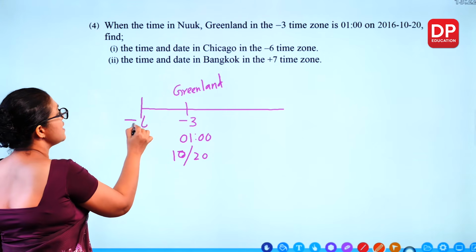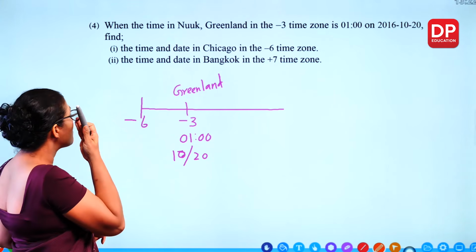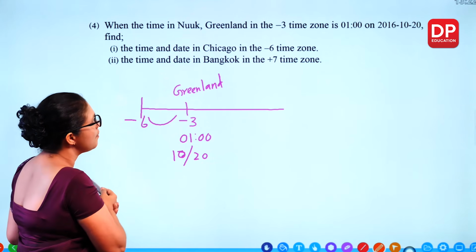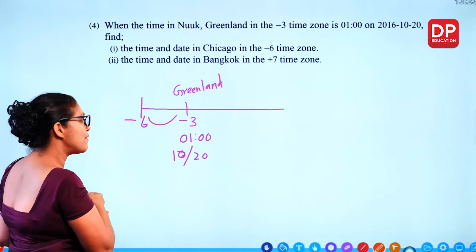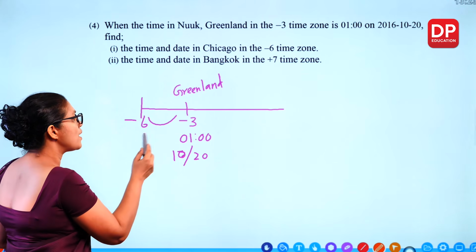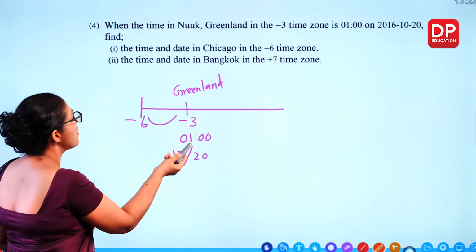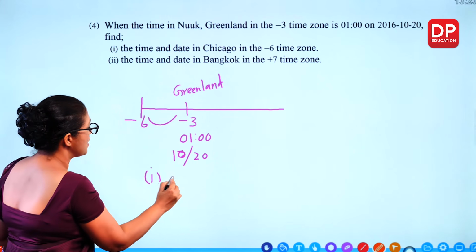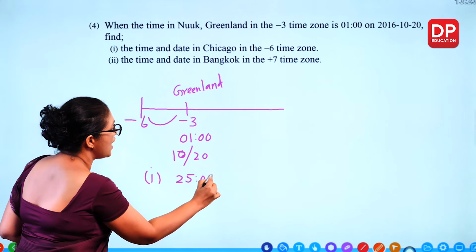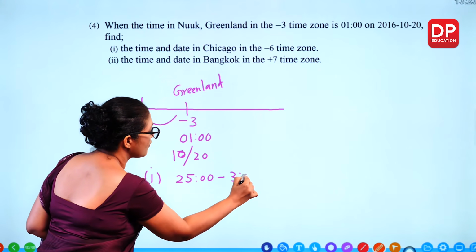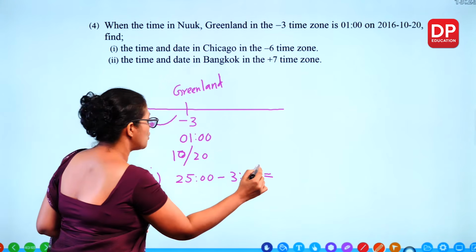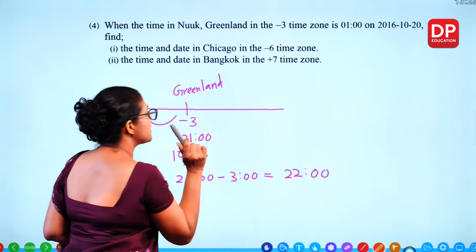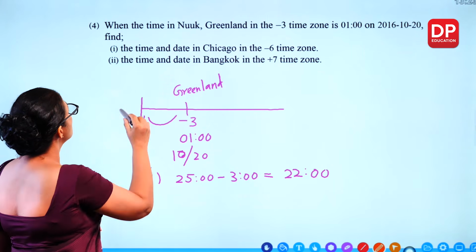So -6 is towards the west side. So subtract 3 hours. So 1 in the morning, how can we write? At 24, that's 25. So 25 minus 3. You get 22. That's the time in Chicago.